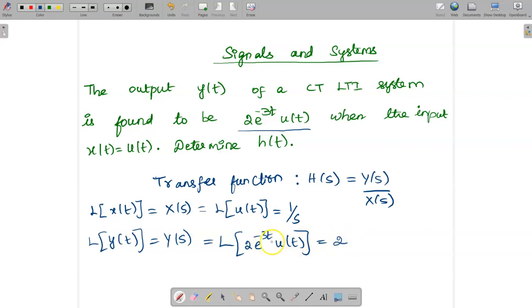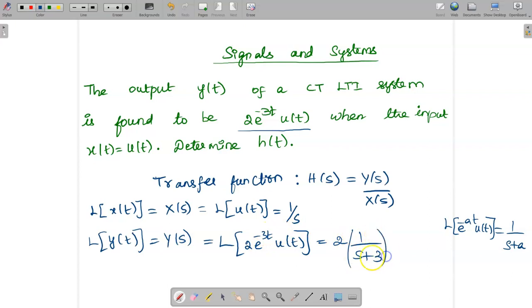What is Laplace of e power minus at u of t? It is nothing but 1 by s plus a, right? So using that formula I can write it as 1 by s plus 3. So e power minus at means 1 by s plus a. Here it is e power minus 3t, so it is 1 by s plus 3.